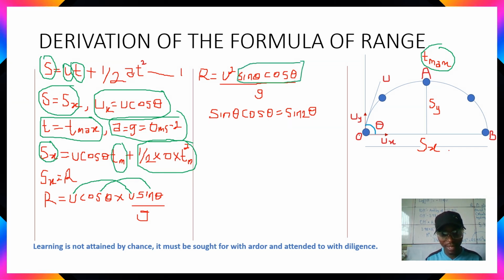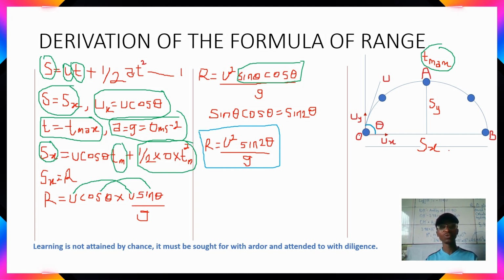Then if we do that, our range now becomes u squared sine 2 theta over g, which is actually the formula for the range of a projectile. So this is the formula to calculate the range of a projectile: R equals u squared sine 2 theta over g.